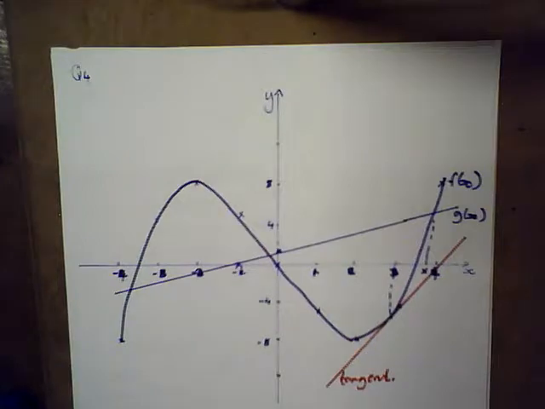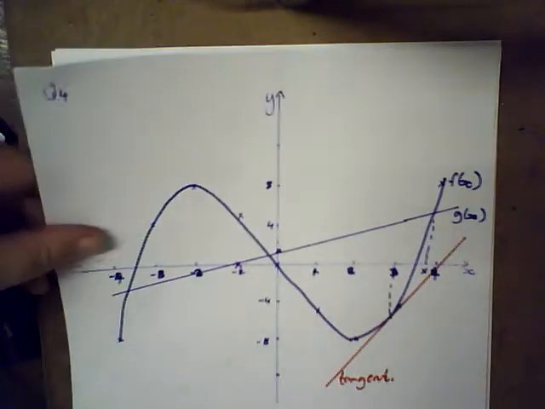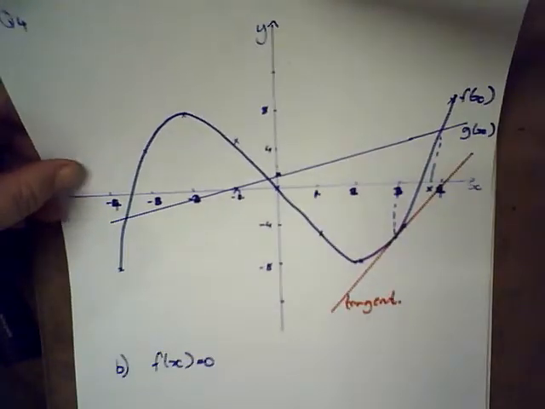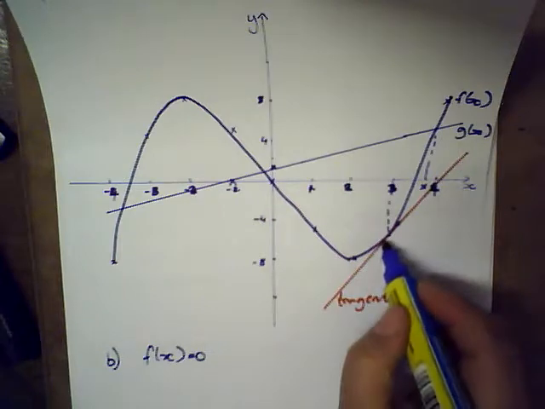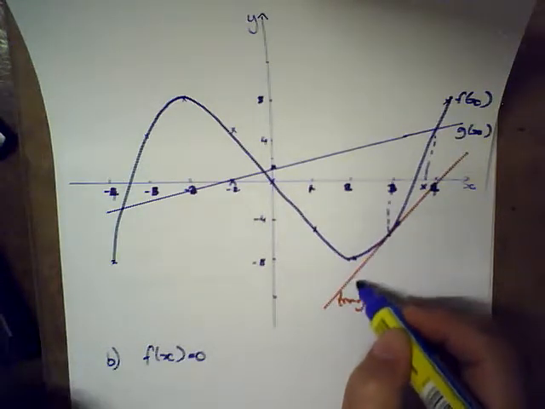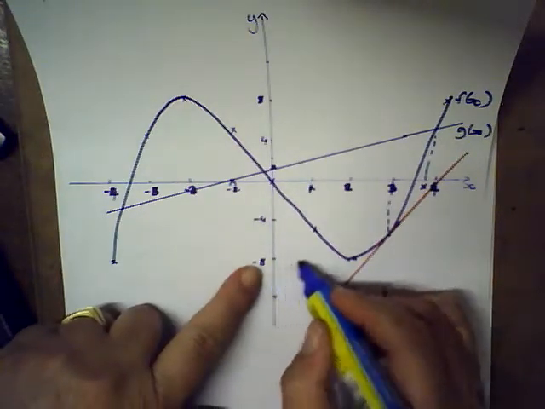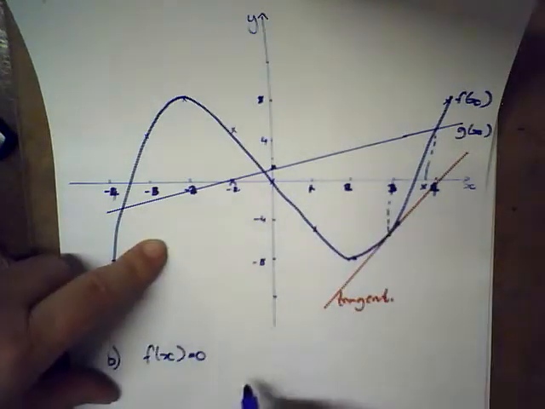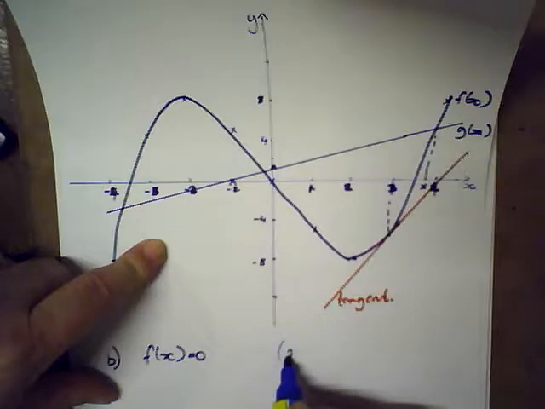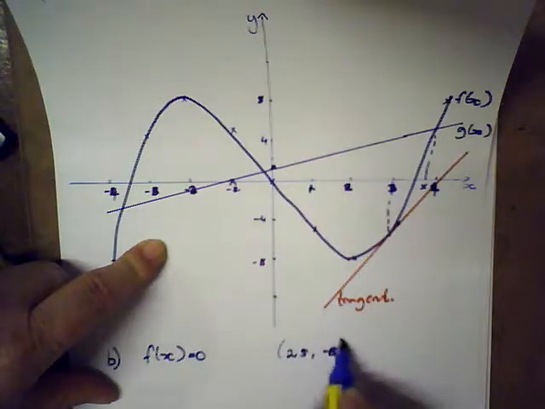Okay, now we need to find the gradient of that tangent, because they say calculate an estimated gradient. So if I'm looking at that, we need to look at 2 points. So I would say the point 2.5 and negative 8.